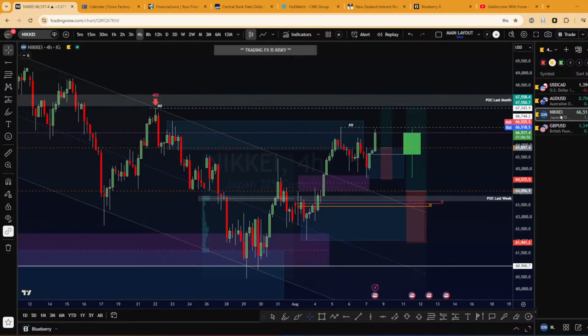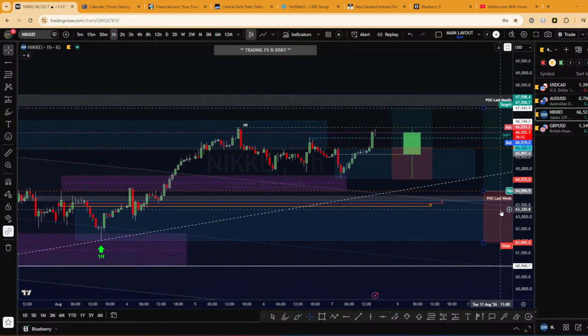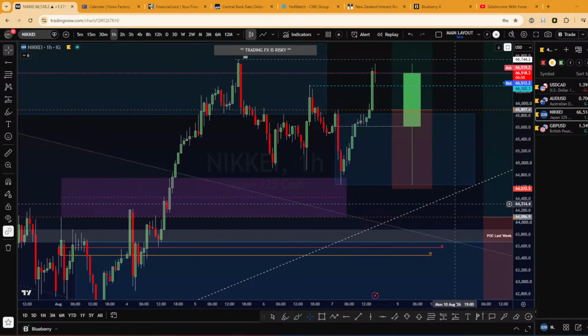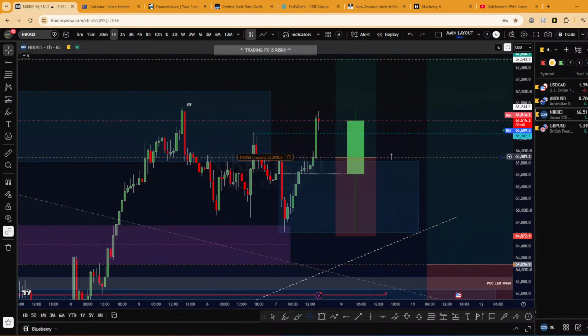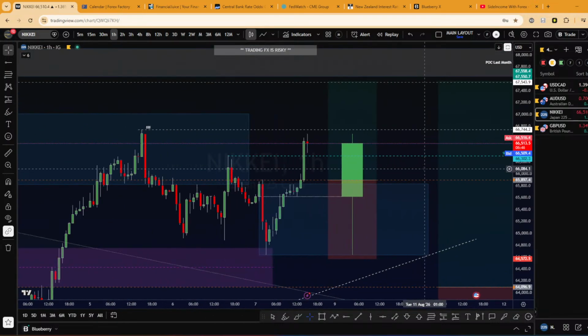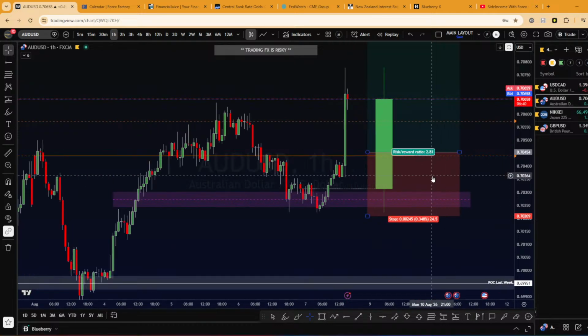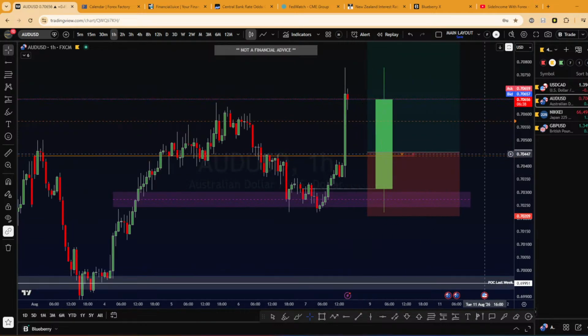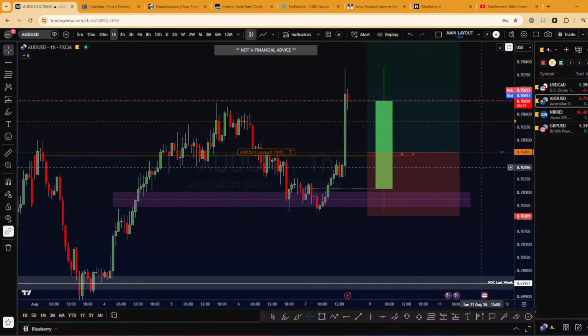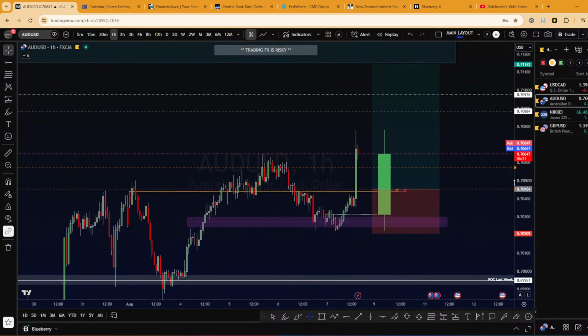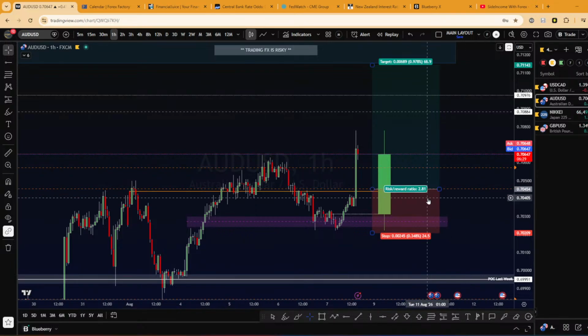Let's see the Nikkei. Nikkei is pushing. Put some highlight here, in case the pound, put some highlight here. Aussie. Yeah, Aussie, put some highlight around here. This will give me a nice risk reward.